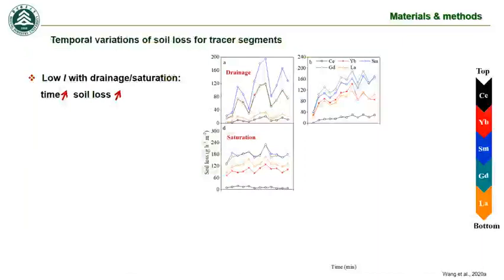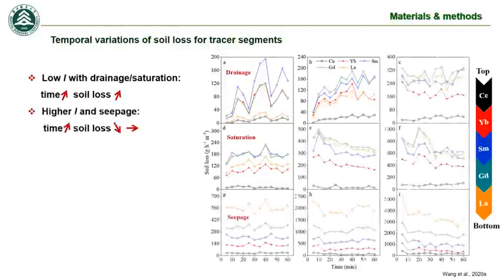The trend of soil loss from each tracer segment was complex. For the low rainfall intensity with drainage or saturation conditions, there was an obvious increasing trend of soil loss from each tracer segment.